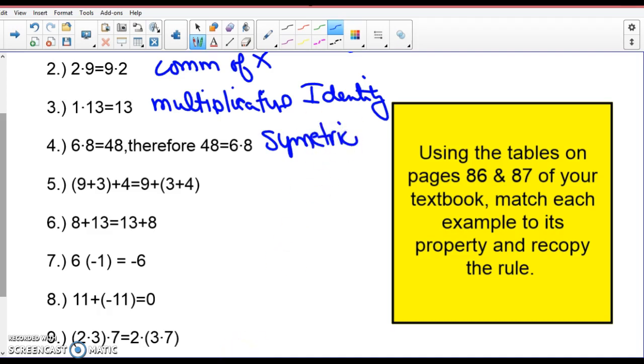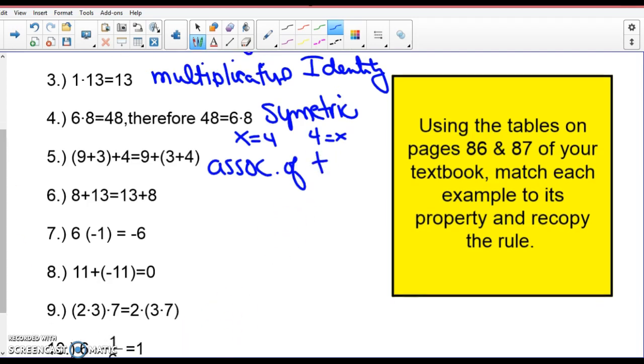It doesn't matter what side the equals sign has something on. You could write x equals 4 or 4 equals x. It's the same thing. That's the symmetric property. All right, take a look at this one. What property is that? That is the associative property of addition. Make sure you abbreviate associative like that.